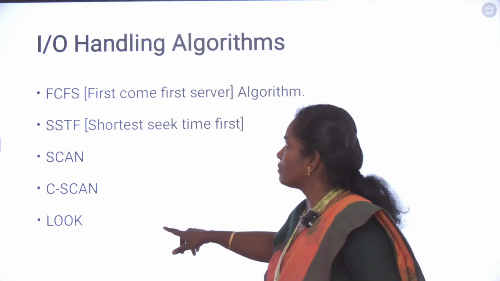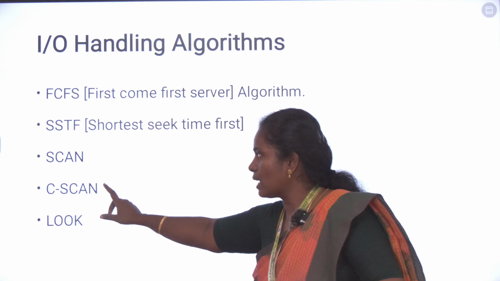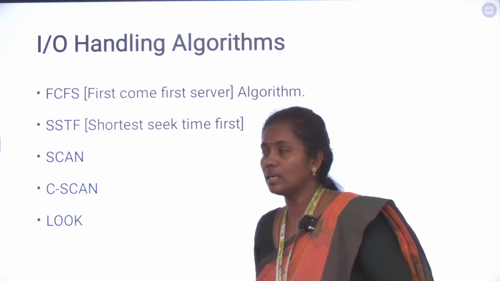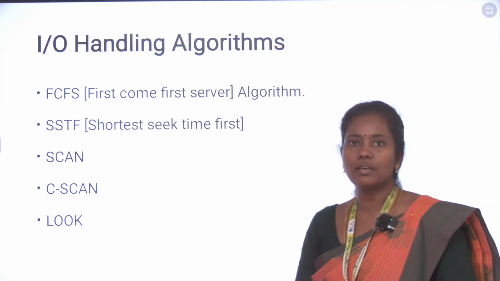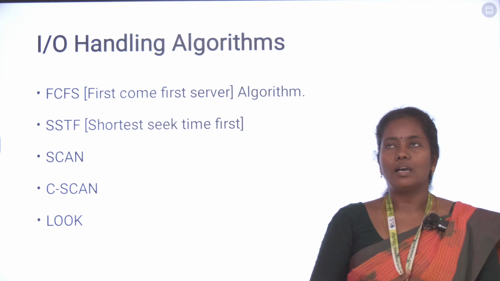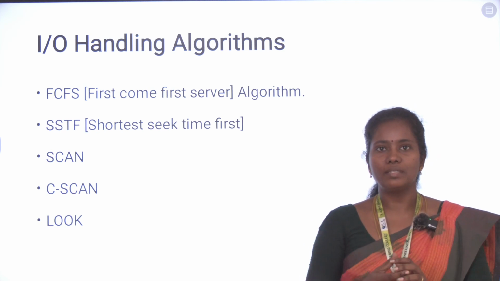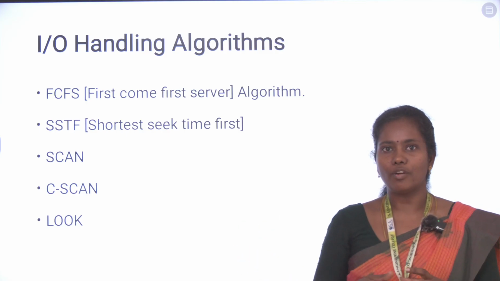The IO request handling algorithms are first come first serve, shortest seek time first, SCAN algorithm, C-SCAN, and the LOOK algorithm. Before we see the algorithms, we have to know about the IO queues. What are the IO queues? For example, in a particular disk, some pending tasks are there. The pending tasks are arranged in the form of a queue.